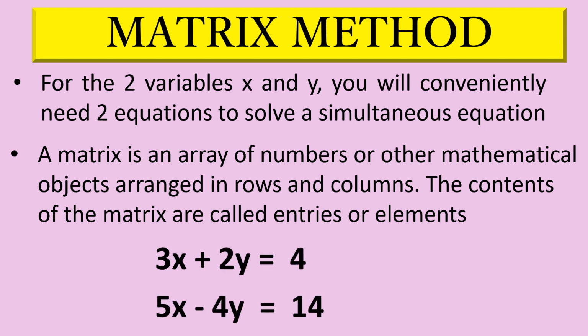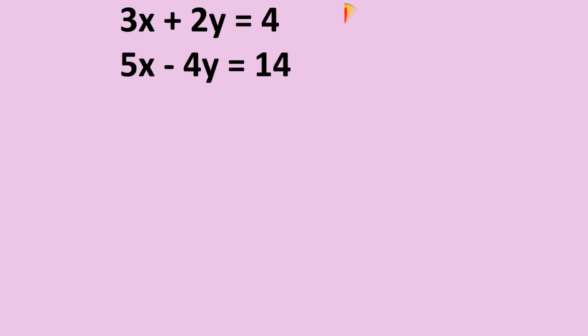Now, this is our equation 3x plus 2y is equal to 4, equation 1, and 5x minus 4y is equal to 14, equation 2. So what we'll do is put this in a matrix form so that we can solve the simultaneous equations.